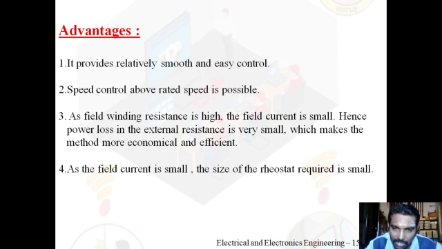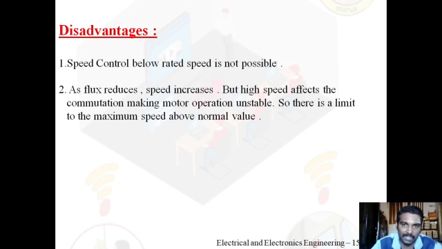Therefore, the rheostat which we need to place in the field winding in order to control the flux, in order to control the speed by varying the flux, is small in size. So this is regarding the advantages of the flux control or field control method.